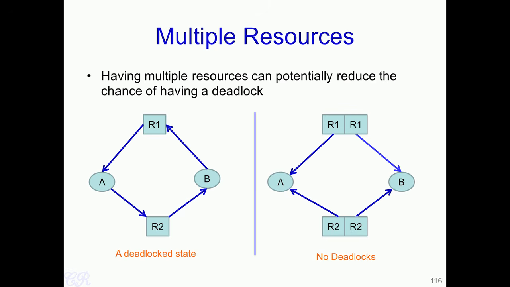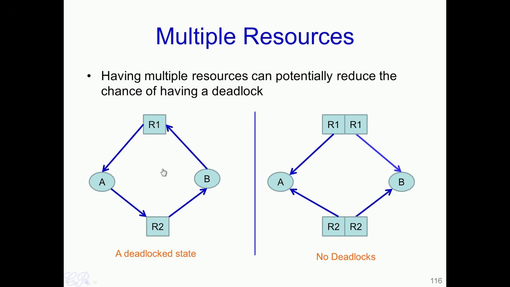Now, we have seen that deadlock is indeed a probabilistic event and could occur with some probability. Now, one way to reduce the probability is by having multiple resources present in the system. So, we have seen that this was a deadlock state essentially because A is waiting for resource R 2 to be released by B and B in turn is waiting for resource R 1.